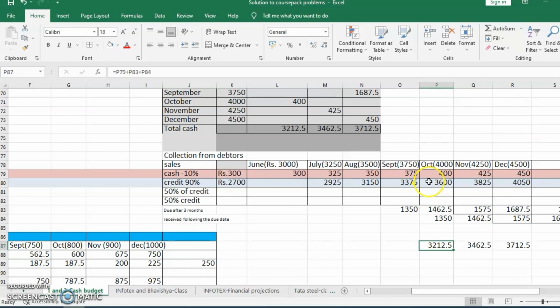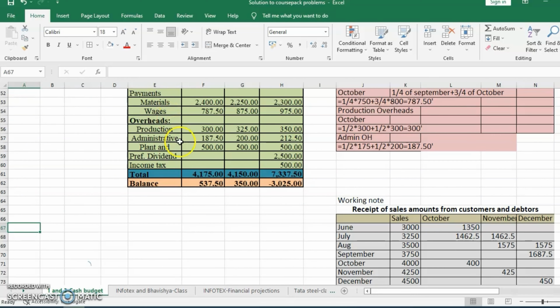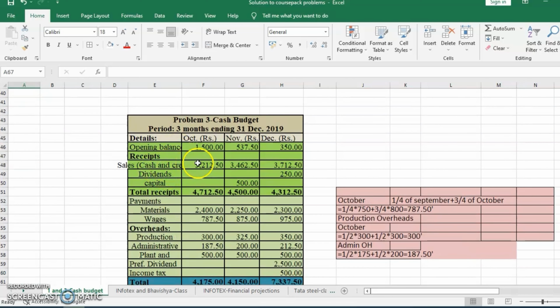So your cash plus this due after 3 months, and what you shall receive after the 3rd month, the balance of it is equal to 3,212, and we have tried to take it for all the months. The same amount has been taken here in your receipts.